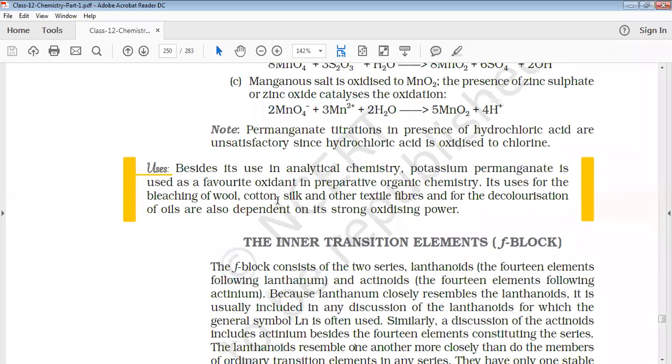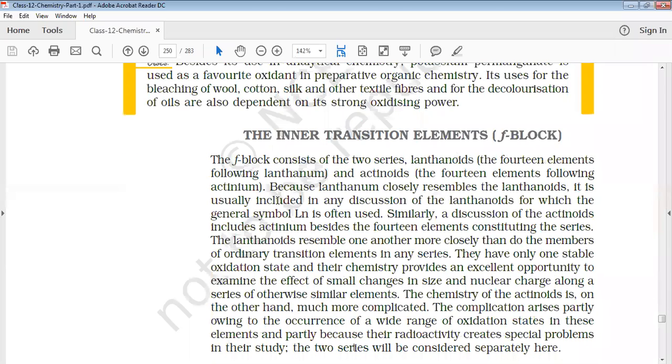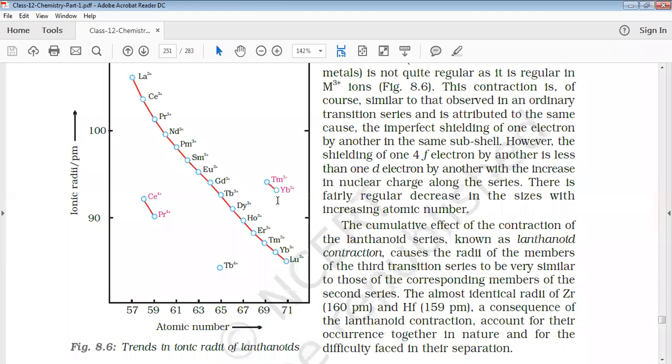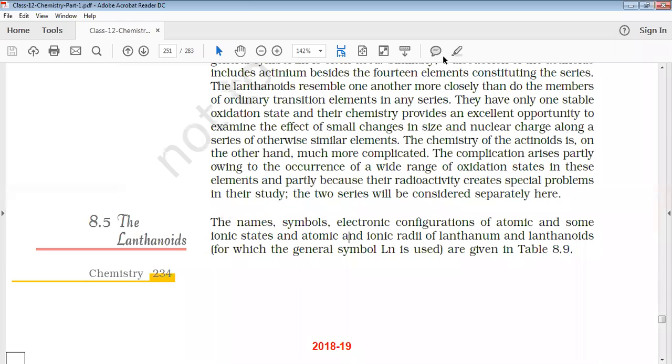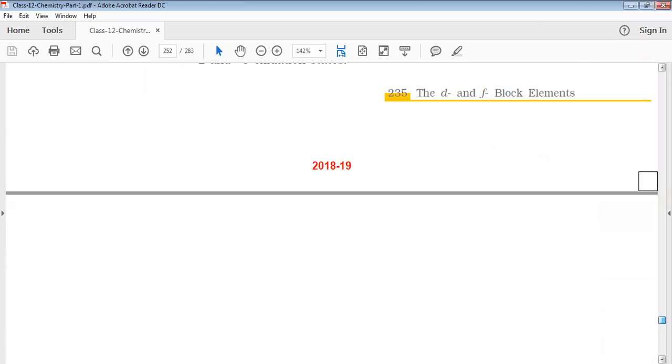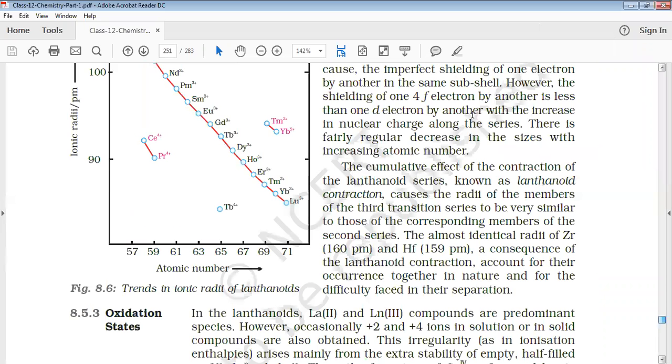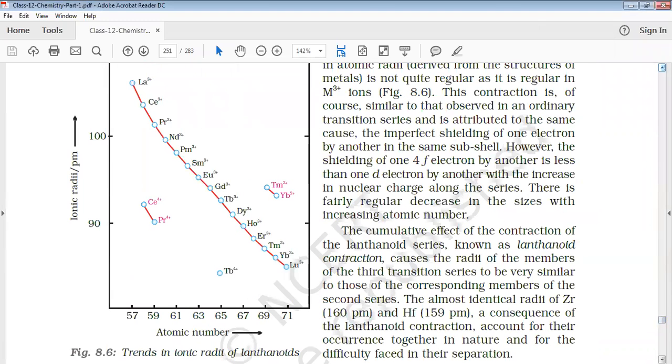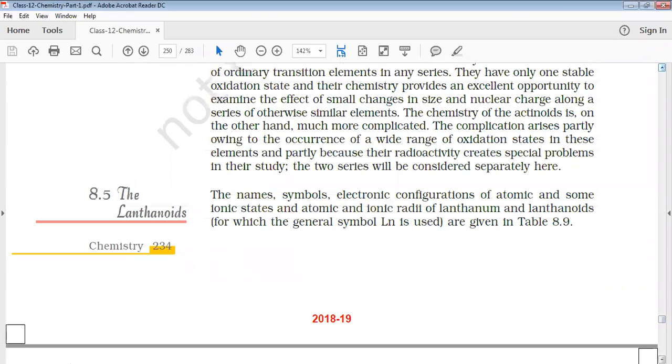So now we have some properties, ನೋಡೋಣ. So lanthanides are represented in terms of Ln.